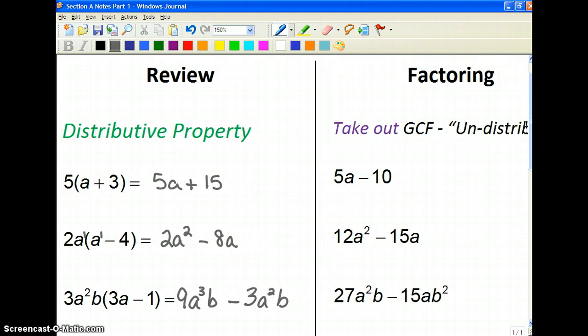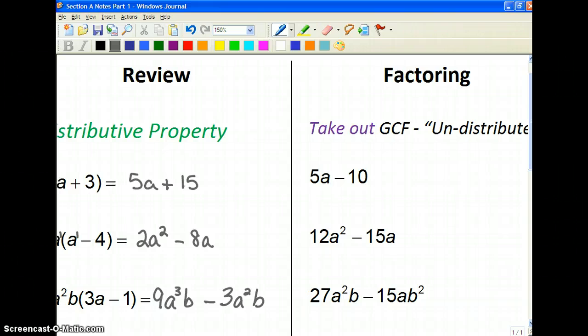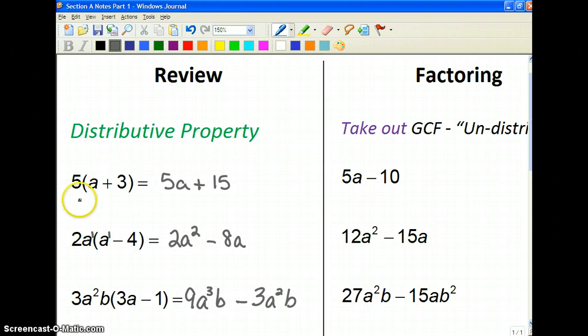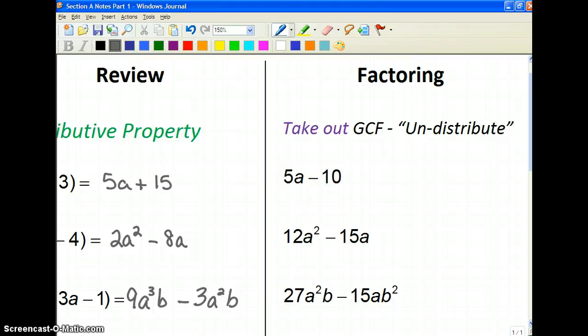You could also call that undistribute the problem. So we're going to do the problems backwards. Again, our problems are looking like our answers. So now the answers that we get over here will end up looking like these problems that we did over here.